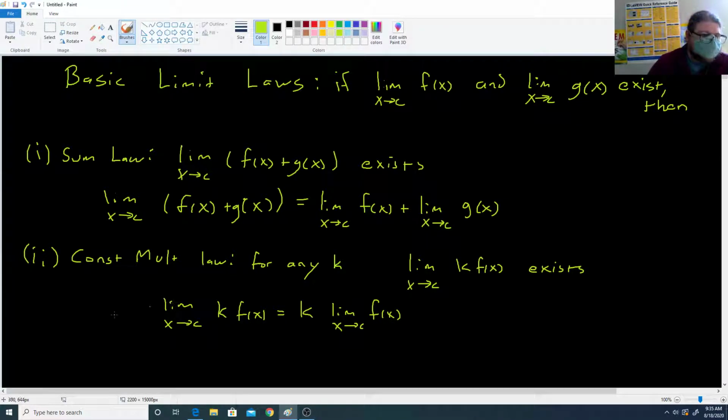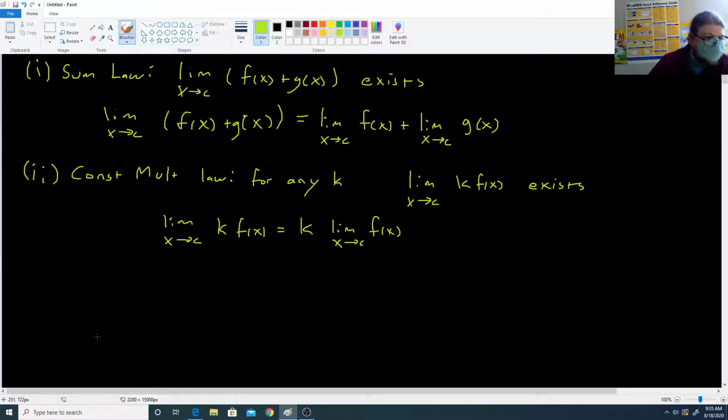So with all of these laws, we have a couple more to write down. We have the product law. So this is step 3. If the initial two limits exist, then the limit of the product exists.